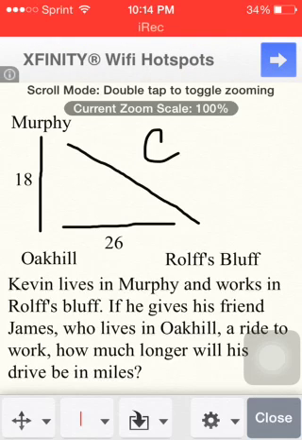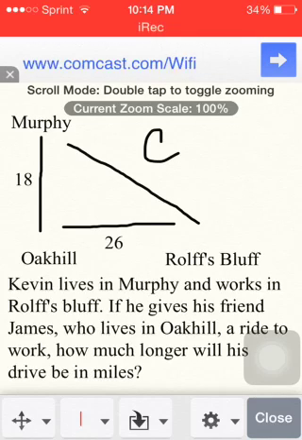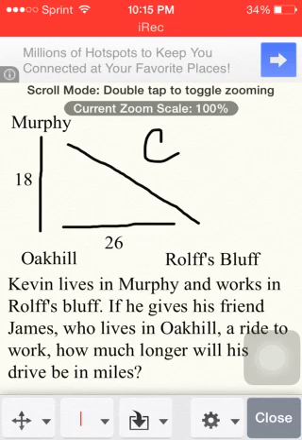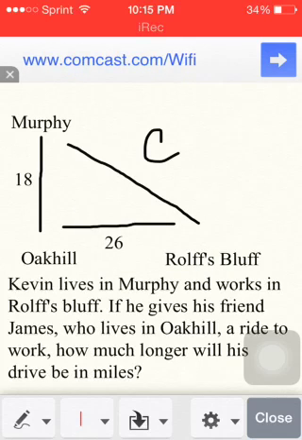So he lives in Murphy, he goes down to Oak Hill, and he goes over to Rolf's Bluff, picking up his buddy. But if he goes on his own, he's just straight from Murphy to Rolf's Bluff. So what that question is calling upon us to do is to identify the fact that we know how to use the Pythagorean theorem here.